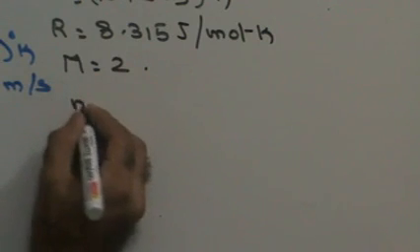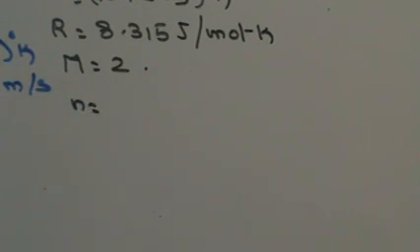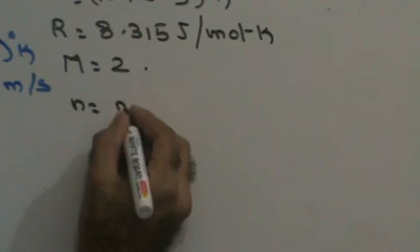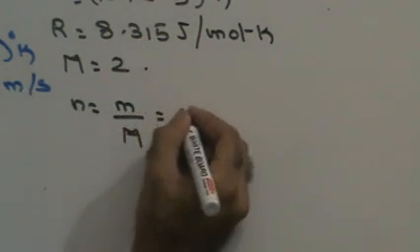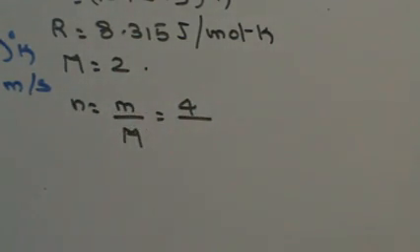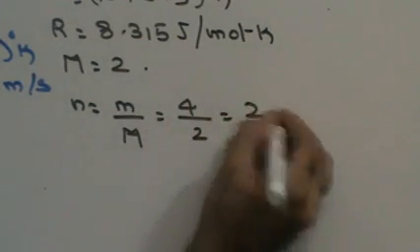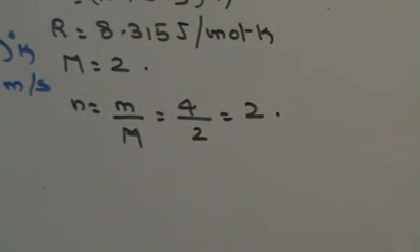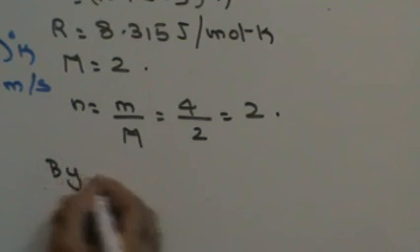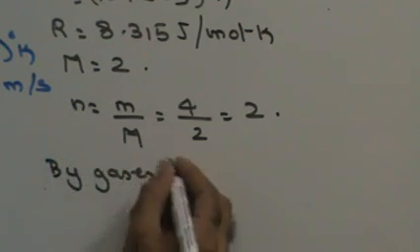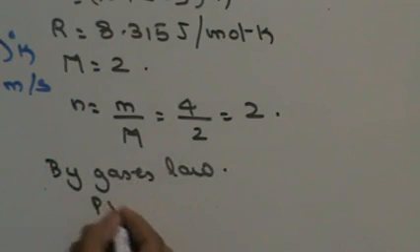Right? First of all, let us find out the number of moles. Number of moles is weight upon molecular weight. Weight is 4 upon molecular weight is 2. So number of moles is 2. Once you have this, then I can say gas law. The gas law says that PV is equal to nRT.